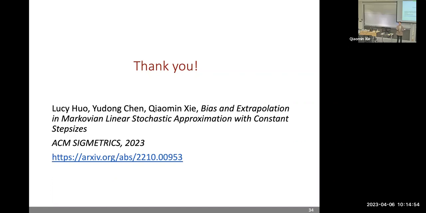In this case, you can use exactly the same extrapolation to construct the new iterate. In other cases, it also depends on the step size, but in a different way. It's not linear at all. But as long as you can capture exactly how it depends on the step size, you can still construct an extrapolation to eliminate the lower order terms.